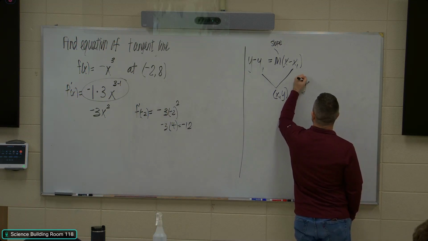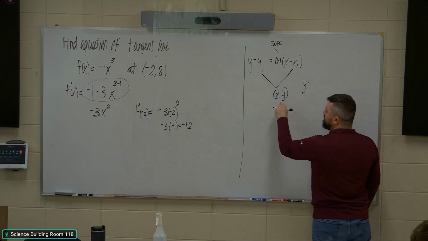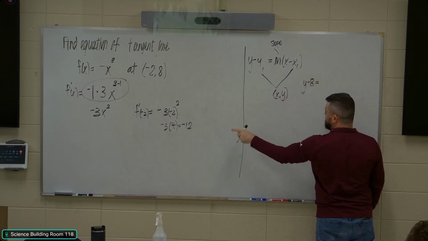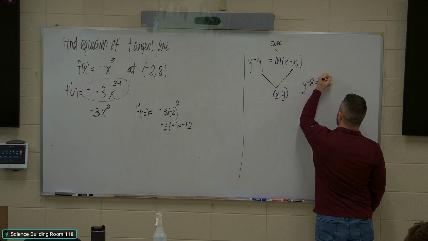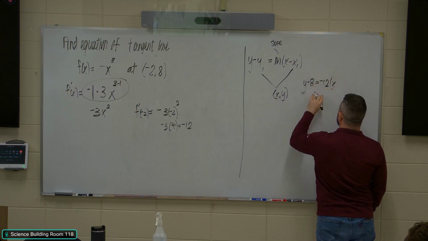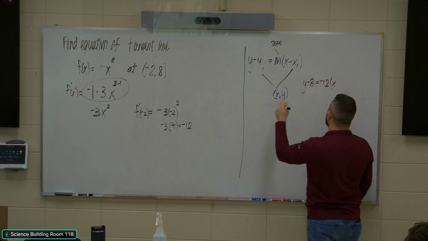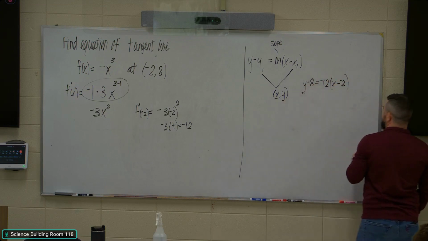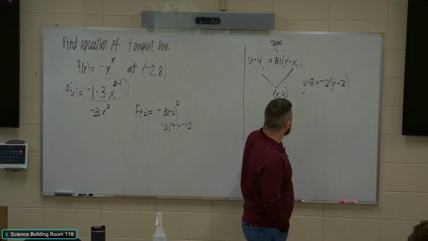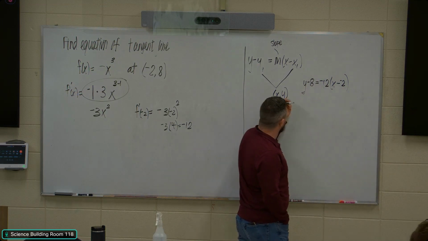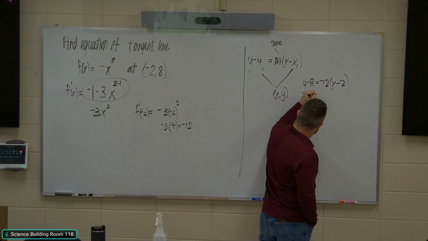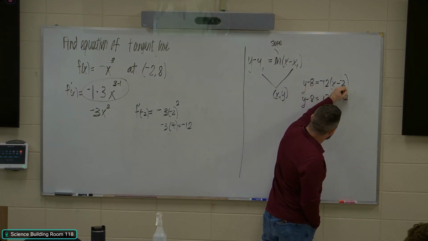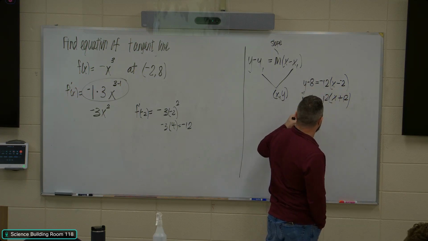y minus y sub 1, the y value from the point is 8, okay, equals the slope that we found of -12, and then x minus the x value of -2. And from here, you can make this step as long as you want. You can make these go on for days.